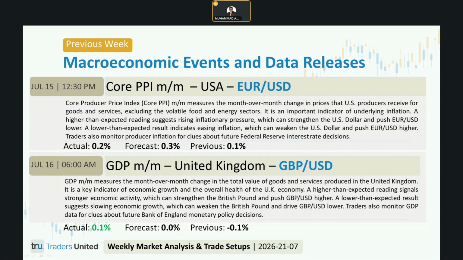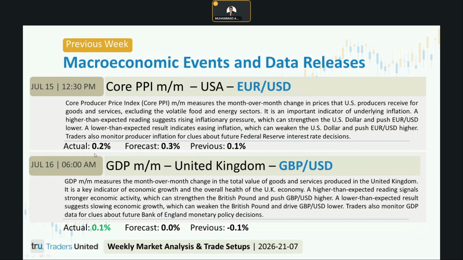EURUSD moved higher after the news announcement as currency traders interpreted the data as lowering the likelihood of more aggressive Federal Reserve policy. The report highlighted that inflation surprises relative to market expectations remained a key driver of short term euro dollar price action. The final key takeaway: the previous number was 0.1%, forecast 0.3%, and the actual number we got is 0.2%.